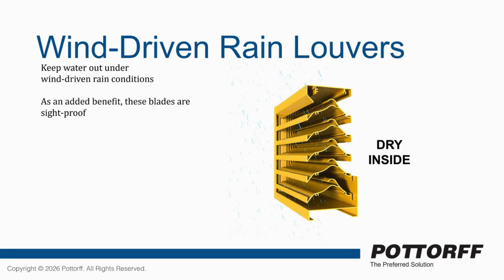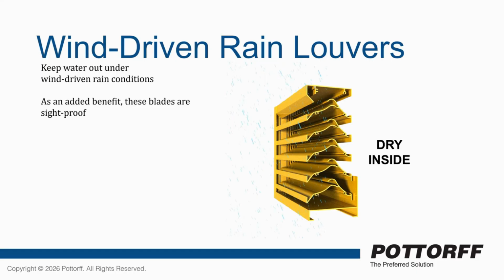Okay, so wind-driven rain louvers. We will discuss a little bit more in depth when we get to some of the performance testing what wind-driven rain really means. As I mentioned before, think of a storm with high winds that is going to be blowing water in. So the chevron blade, as you can see, has a much tighter blade spacing.